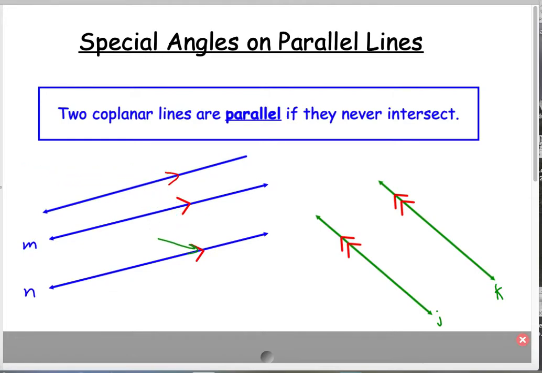So these little arrows mean that these lines are all parallel. And notice the green lines also have arrows, but since I already used a single arrow, I'll use a double arrow for these, because if I just used a single arrow, that would mean the blue and the green are parallel, and that's not true. So you can use 1 or 2 or 3 or whatever little arrows on your lines to show that they're parallel.